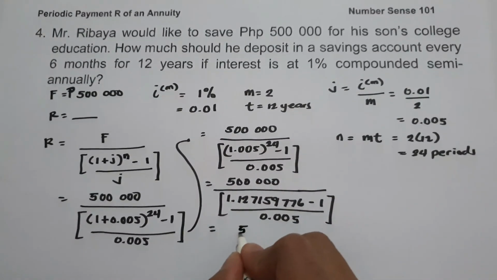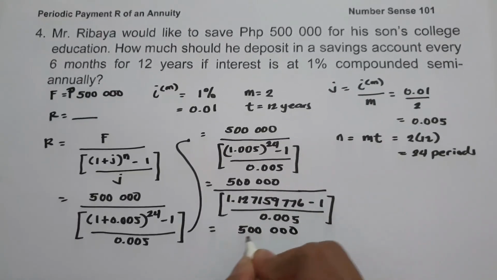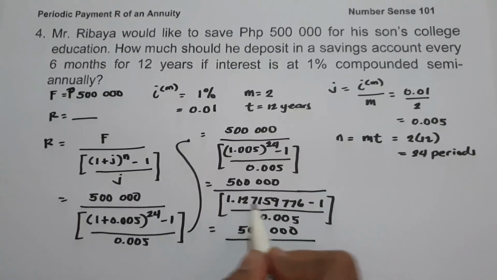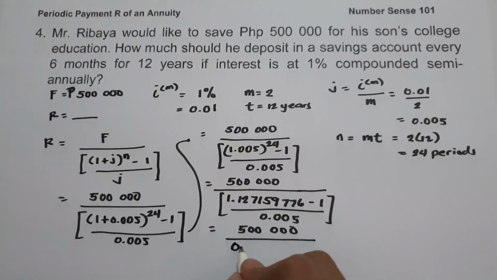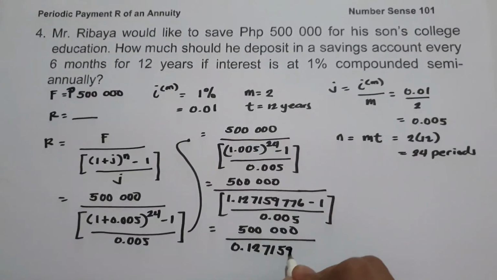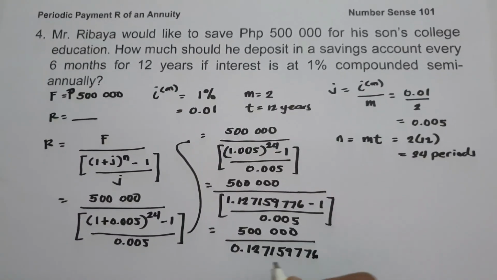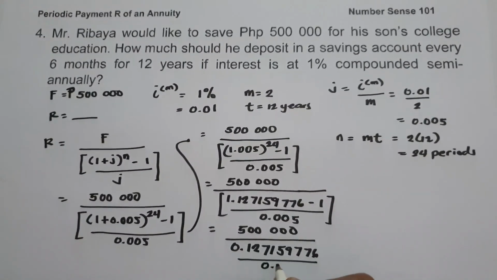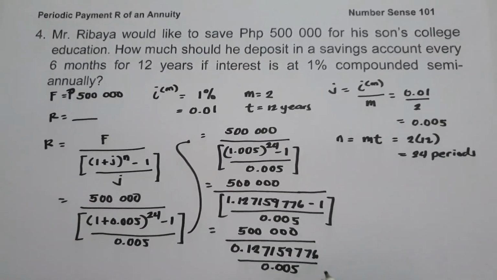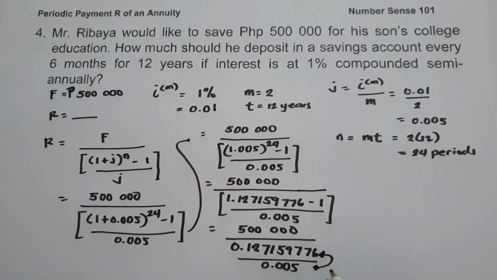So let us have 500,000. Then let us subtract this one. It will give us 0.127159776 over 0.005. And then let us divide this one.